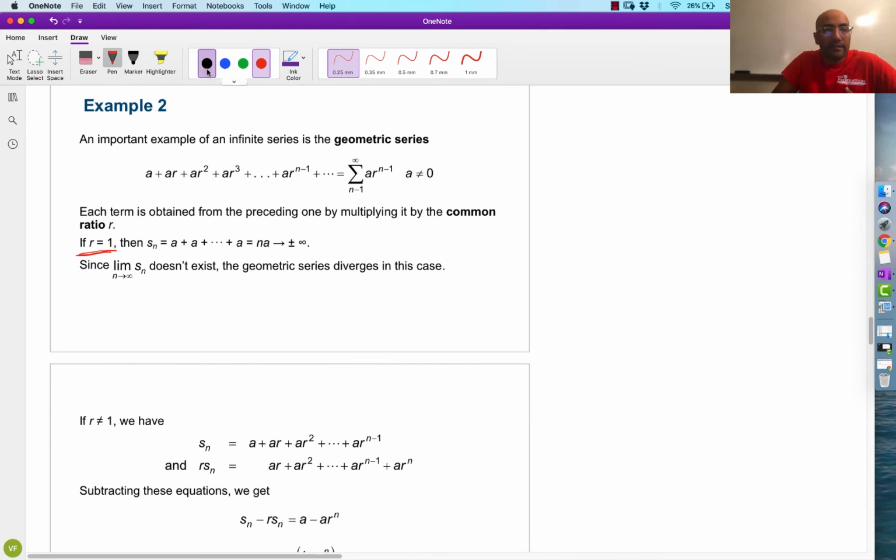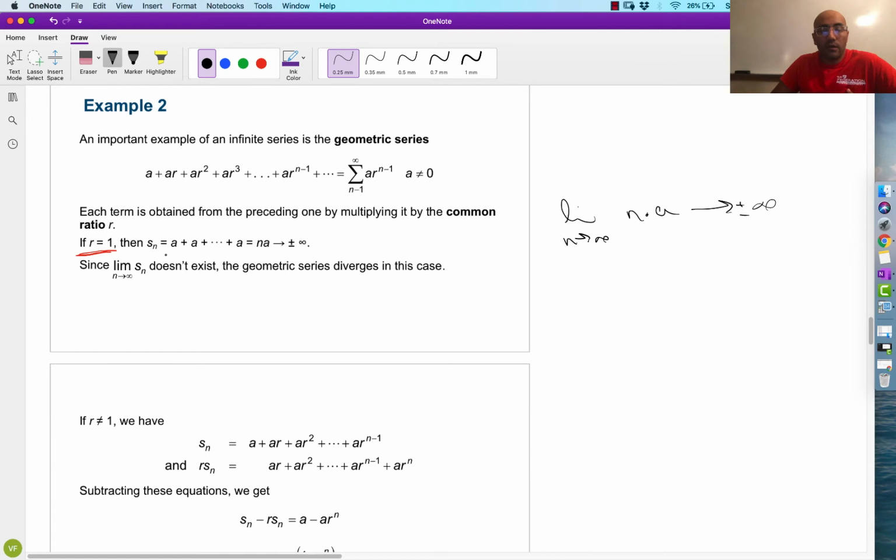Good. And the limit as n goes to infinity of n times a, where a is not 0, a is some number. Well, if a is positive, then the whole thing goes off to positive infinity. And if a is negative, then the whole thing goes off to negative infinity. Either way, it just blows up. It just keeps growing forever and ever.